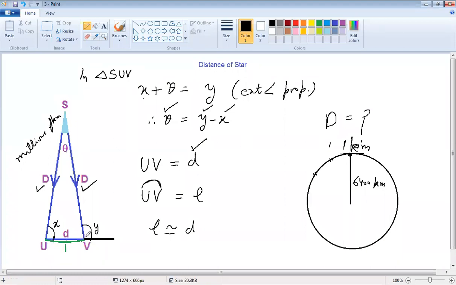Here in the diagram, I am showing these two things separately because I want to make things clear. But actually, the arc won't be distinguished from the straight line segment. Is it clear?